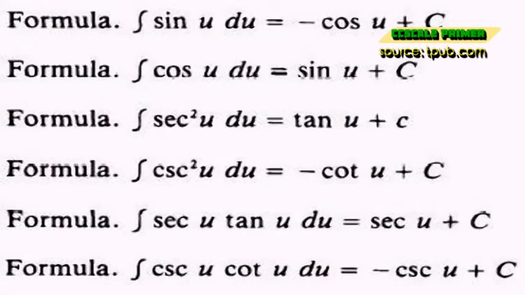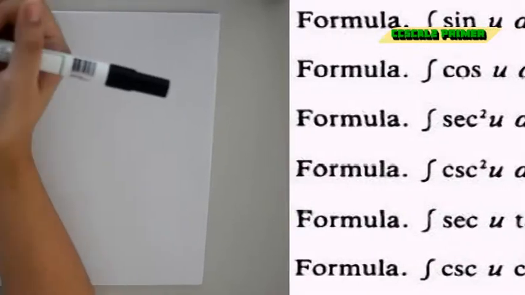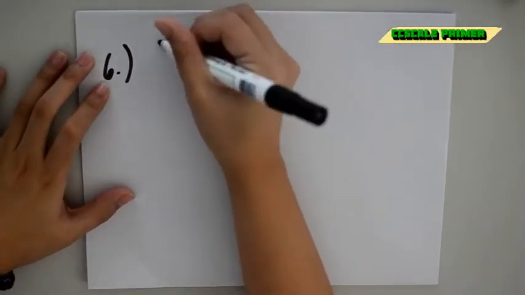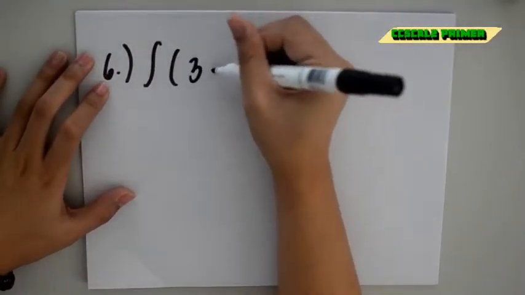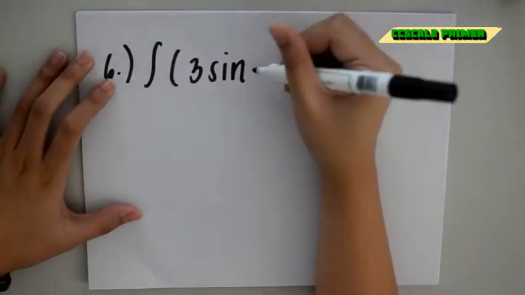You may also find these trigonometric antiderivatives helpful in your study of CCSCAL2. Let's now get the antiderivative of a trigonometric function. Let's take this example for instance.